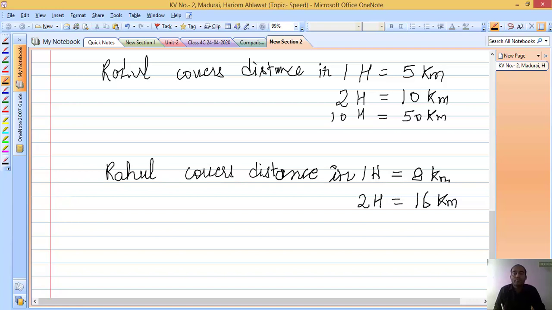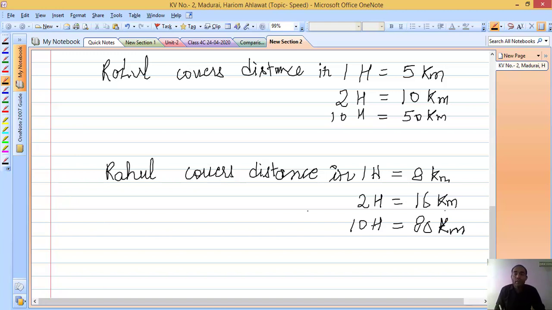Okay. Now he has increased his speed, 8 kilometers in 1 hour. In 1 hour he is covering 8 kilometers. Okay. For 10 hours, 10 into 8, 10 eights are 80 kilometers.